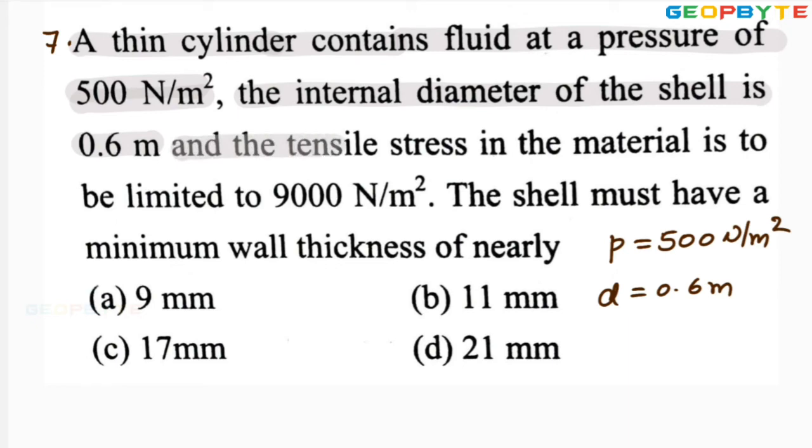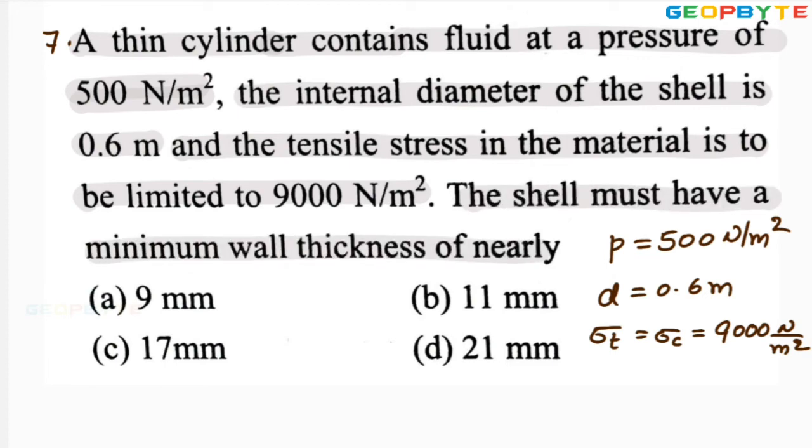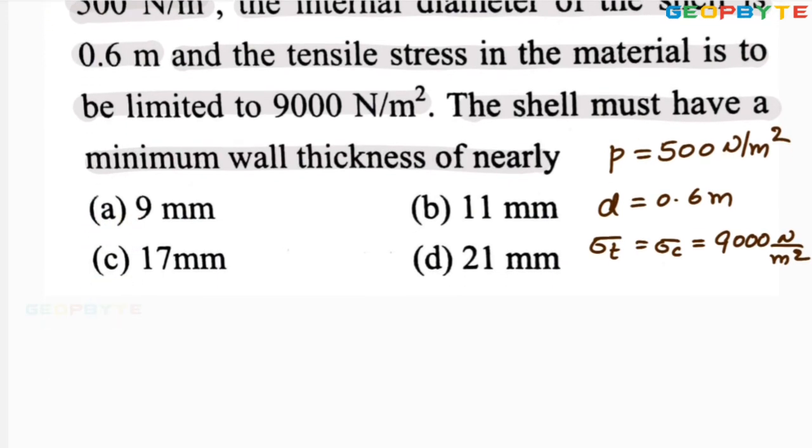And the tensile stress in the material is to be limited to 9000 Newton per meter square. Let the tensile stress is the maximum stress, that is circumferential stress, 9000 Newton per meter square. The shell must have minimum wall thickness nearly. What is the thickness of the wall? T equal to how much?